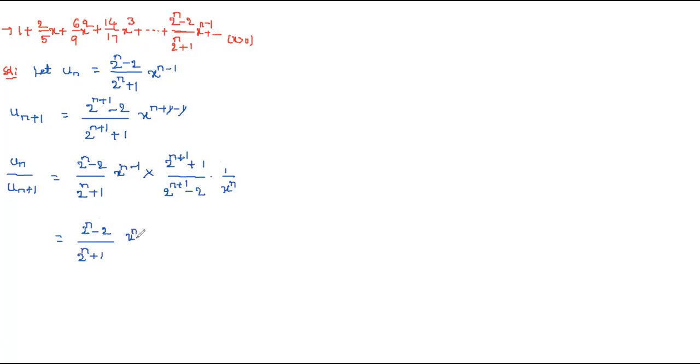So simply we can write this as x^n into x^(minus 1), into (2^n into 2 plus 1) by (2^n into 2 minus 2), into 1 by x^n. So here it is having 1 by x^n and 1 by x^n, both will cancel.